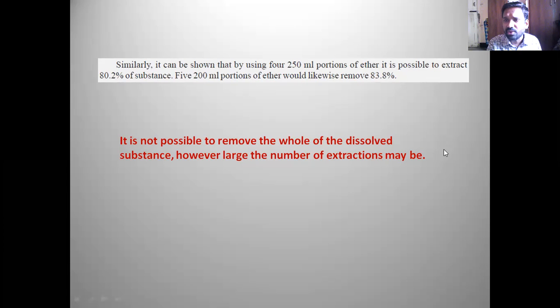So what are the changes I can make to get more compound extracted? Either you increase the volume of organic solvent or you increase the number of times extraction is done, the multiple extractions.